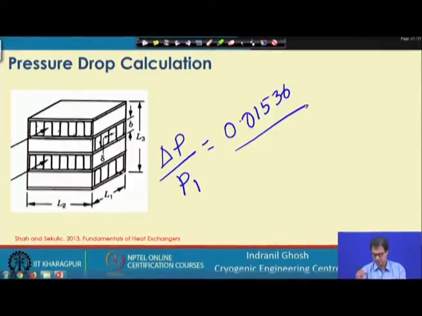So, we can find that the pressure drop is 1.69 kilopascal, and that is not really very large, it's only about 1.5% of the total inlet pressure.